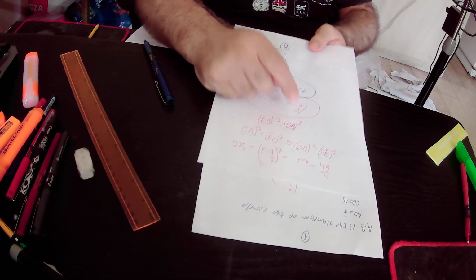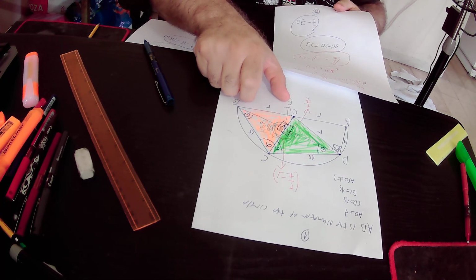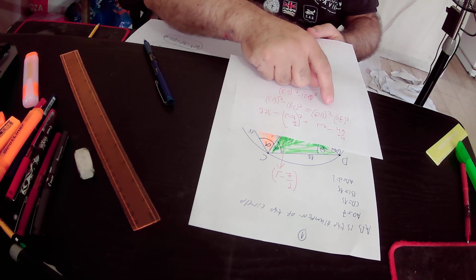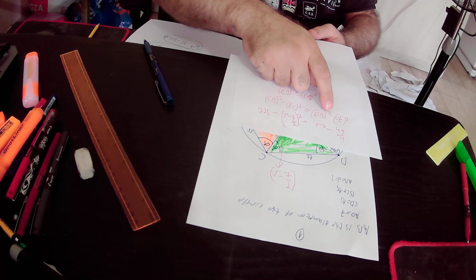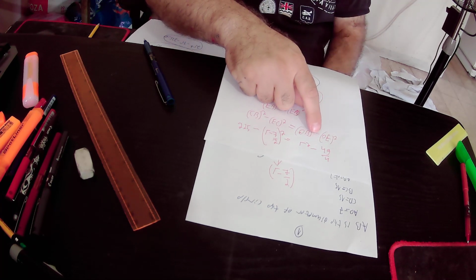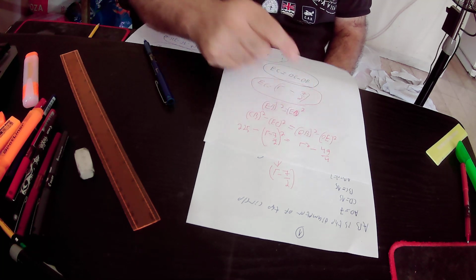But we know that OB is the radius of the circle, and OE equals 7 over 2, so OE square will be equal to 49 over 4.